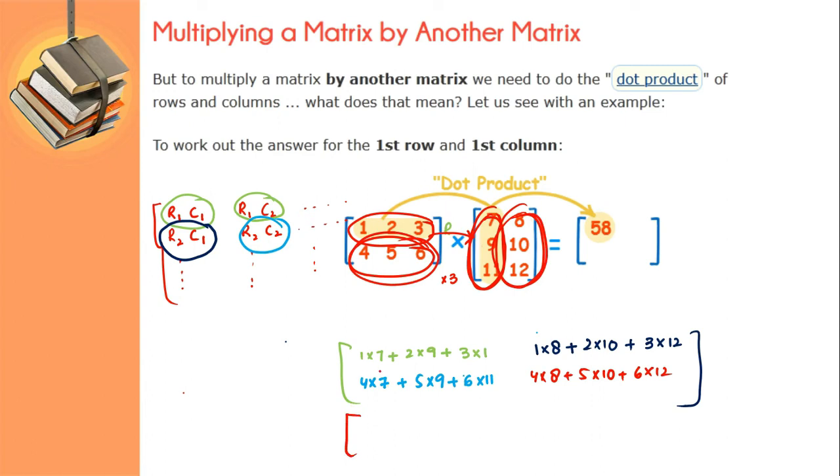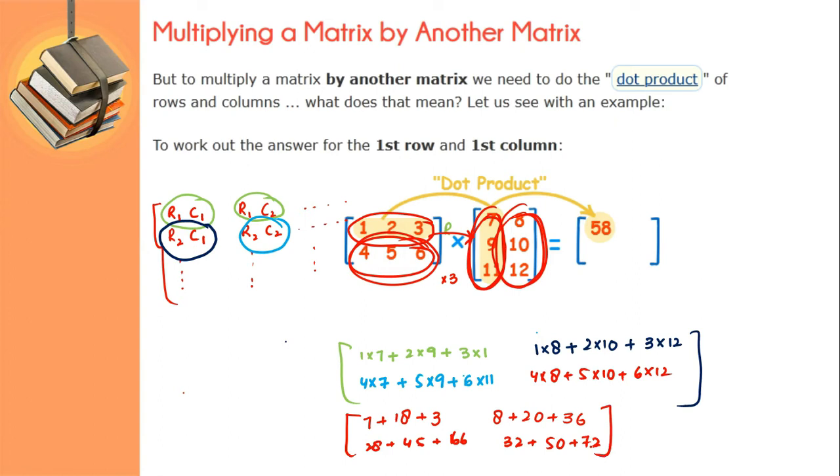If we multiply this, 1 times 7 is 7, 2 times 9 is 18, 3 times 1 is 3, 1 times 8 is 8, 2 times 10 is 20, and it's 36. Then here we have 28 plus 45 plus 66, and then here we have 32 plus 50 and plus 72.